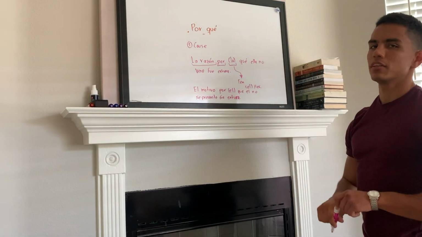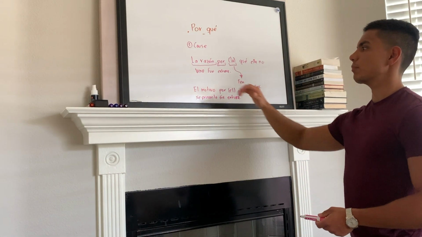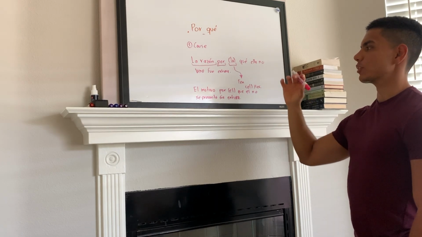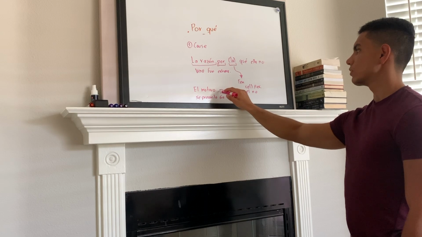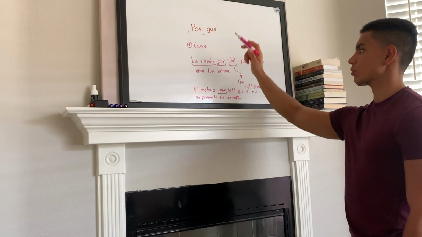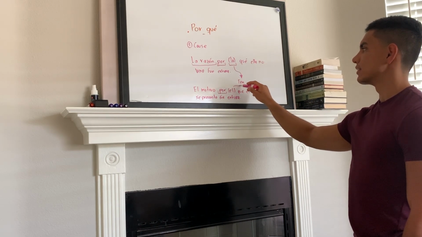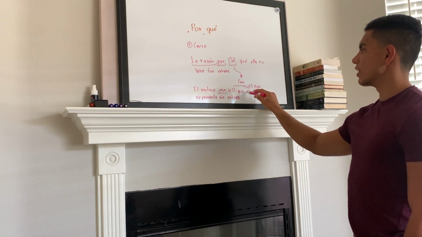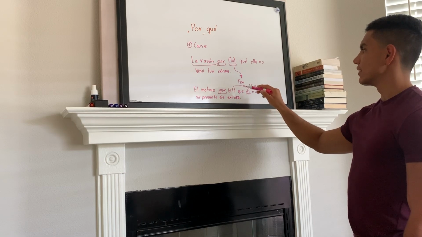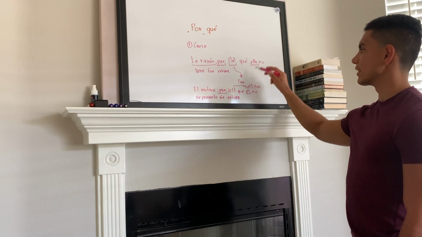So for masculine, that will be el motivo, the reason. For why? Por, remember, por. And el, that will be used for the masculine. Why are we using masculine? Because we have él, and in this one we have ella.